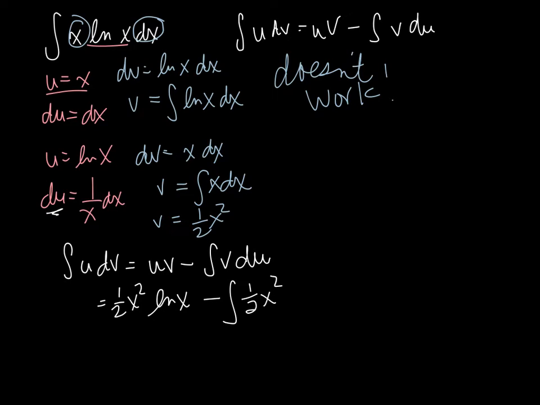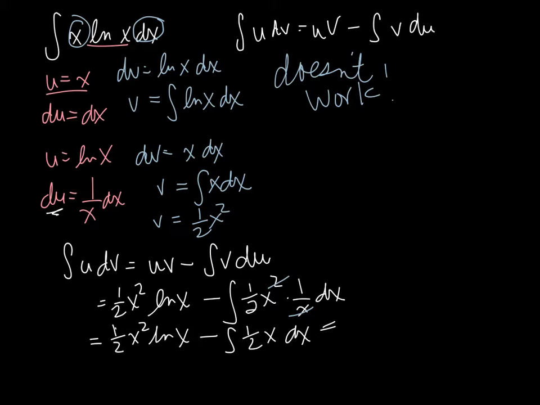Du is right here. And that's 1 over x dx, so times 1 over x dx. And we notice that x squared over x is going to be just x. So this actually simplifies to 1/2 x squared ln of x minus the integral of 1/2 x dx.